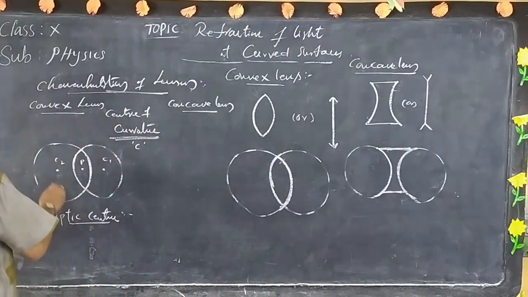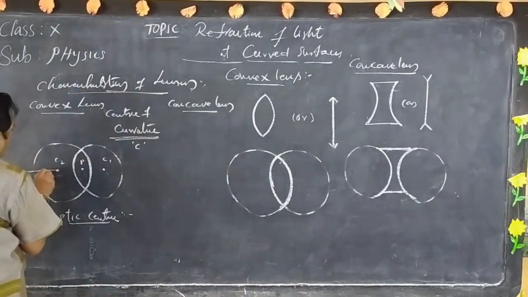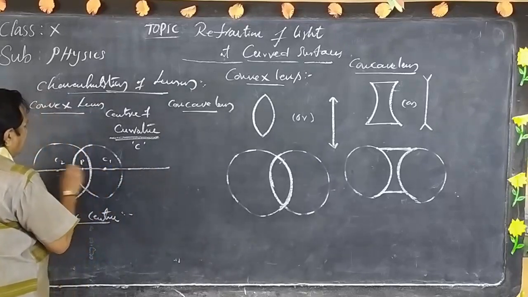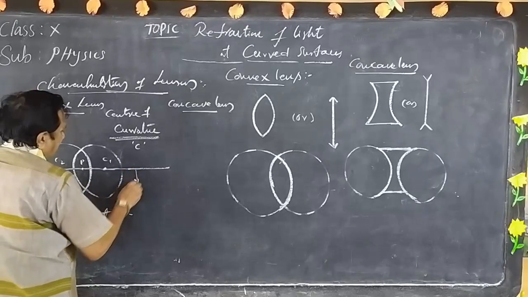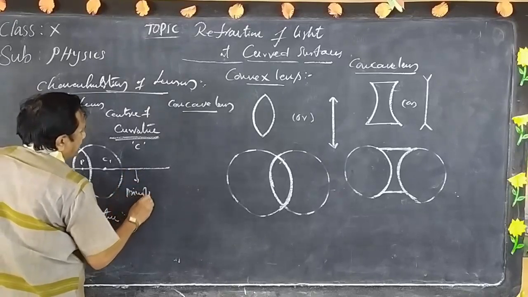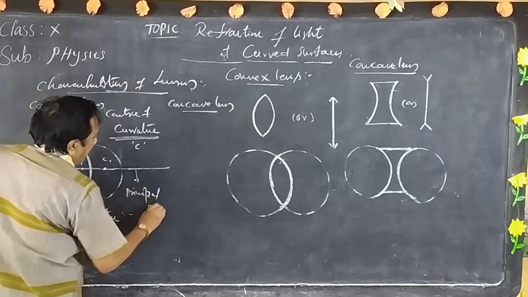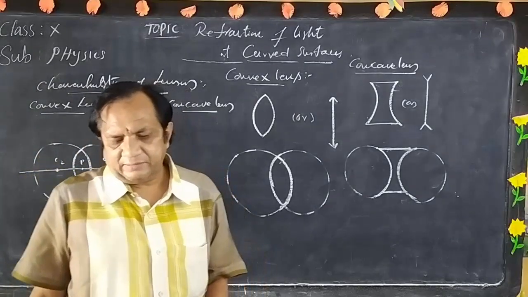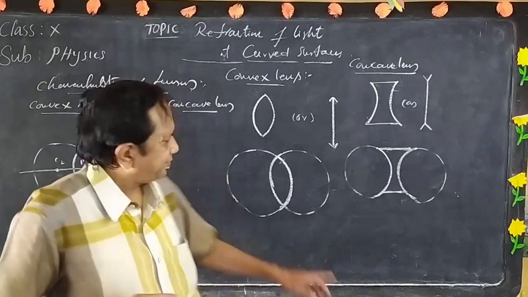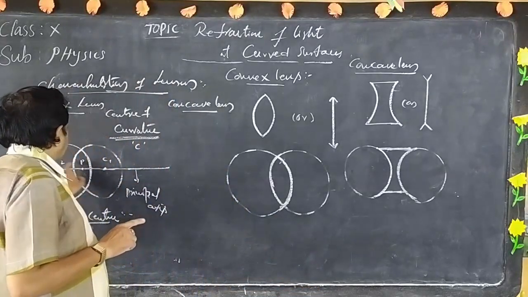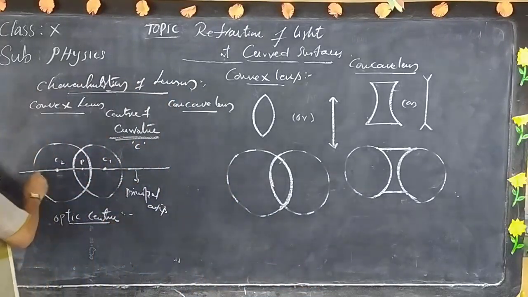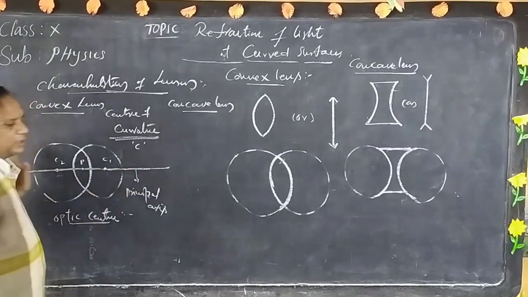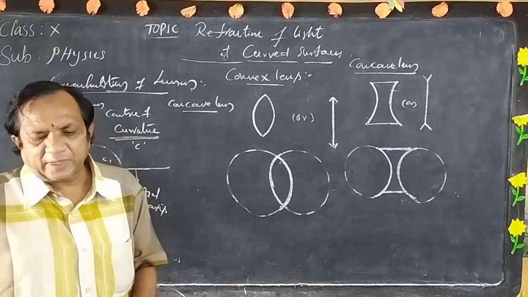Now, the principal axis. The line passing through the center of curvature and the optic center is called the principal axis. A line joining the center of curvature and the optic center we call the principal axis.